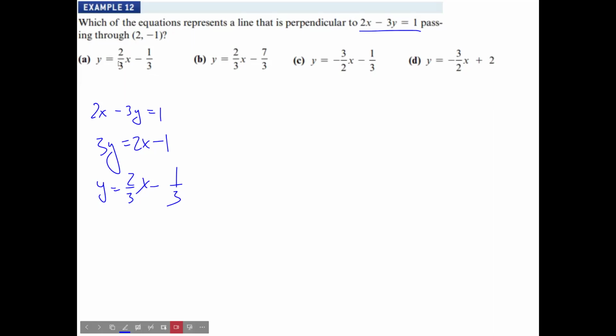Is 3/3, is positive 1. So this line doesn't go through that point, but this line and that line, they coincide. Right? Now, this line and that line are parallel. Yes? So let's put here parallel, parallel, perpendicular, perpendicular.